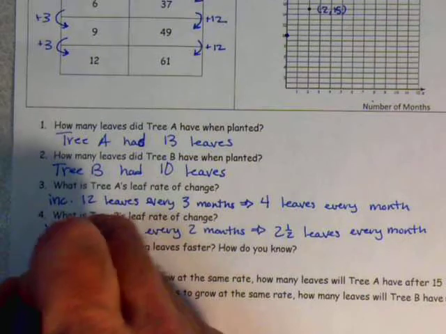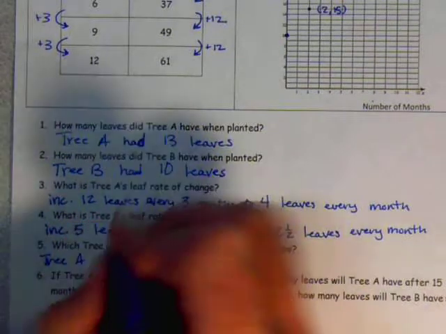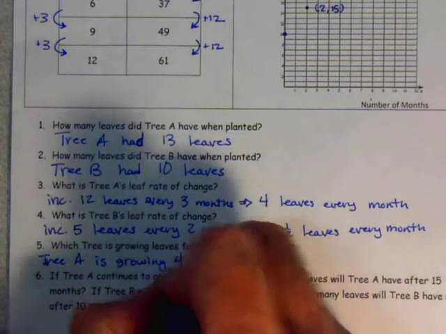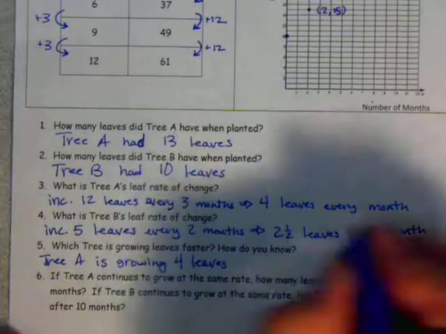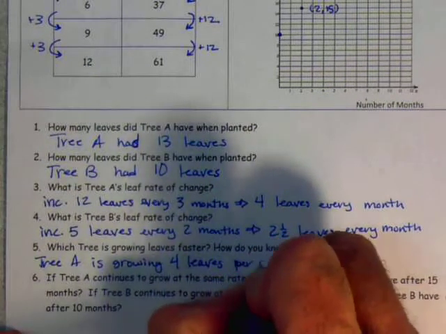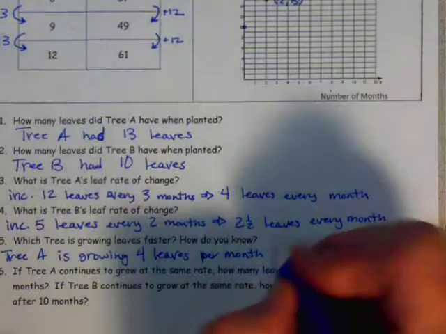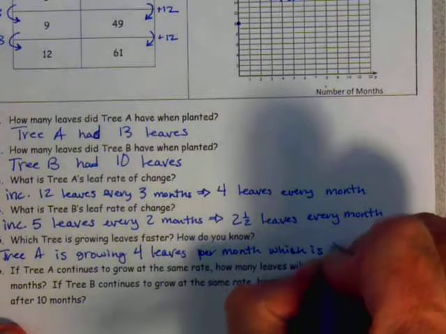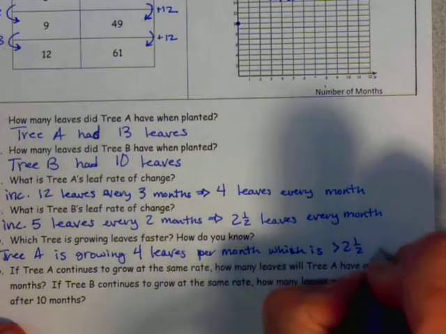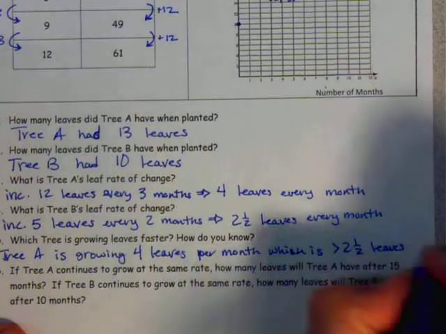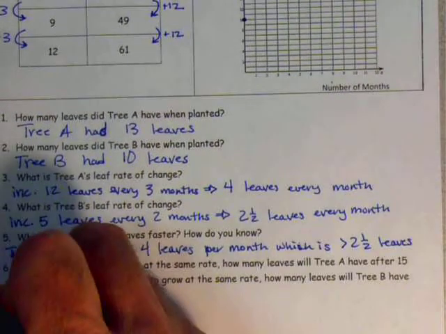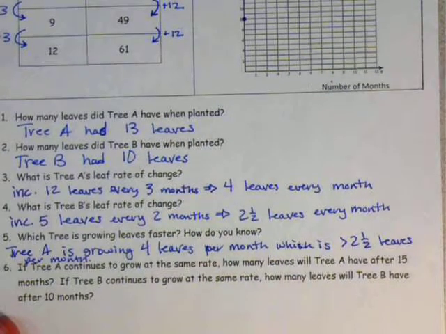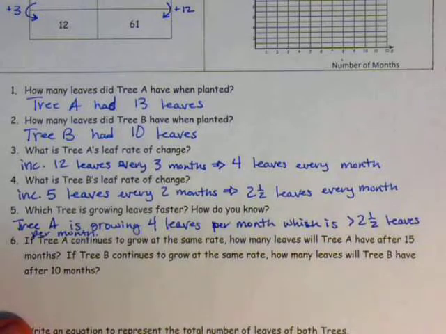Well, tree A is growing 4 leaves per month, which is greater than 2.5 leaves per month. So there's the answer to that, but we could also look at this.